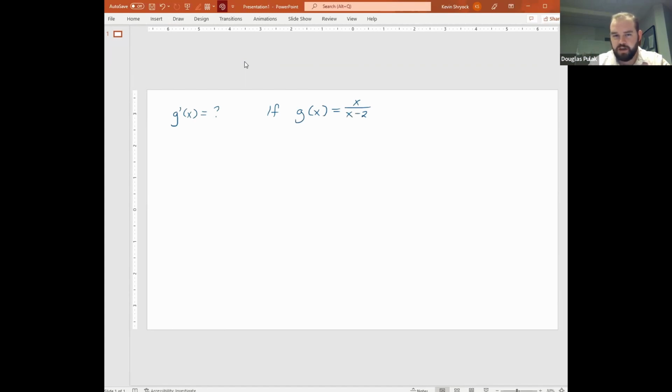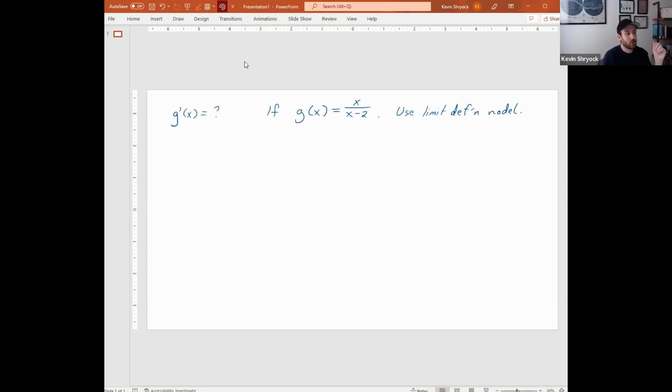First off, are you going to specify whether you'll ask us for a derivative, or ask us to use the limit definition, or is that a possibility? If a question on the test just says find a derivative, that means do whatever you want.